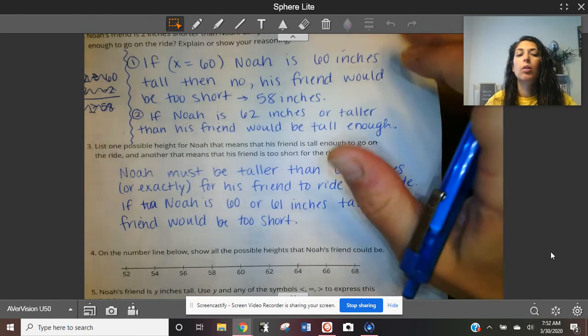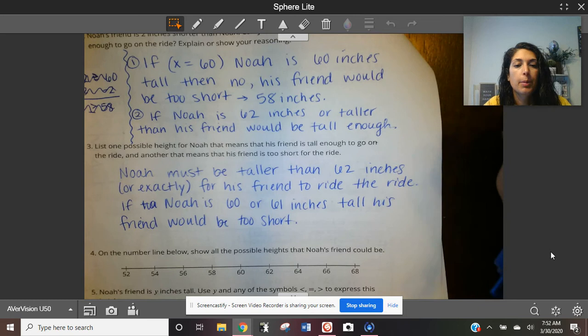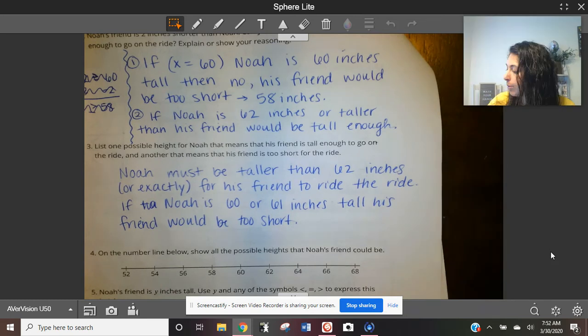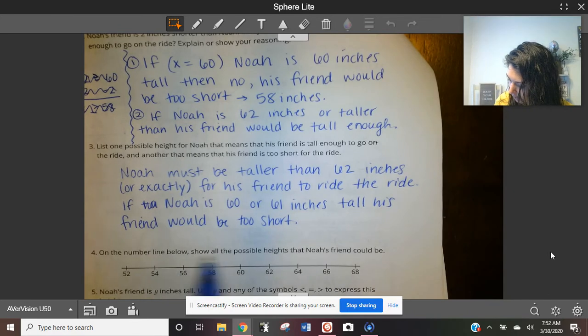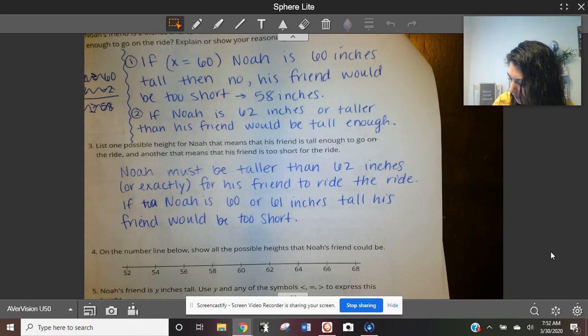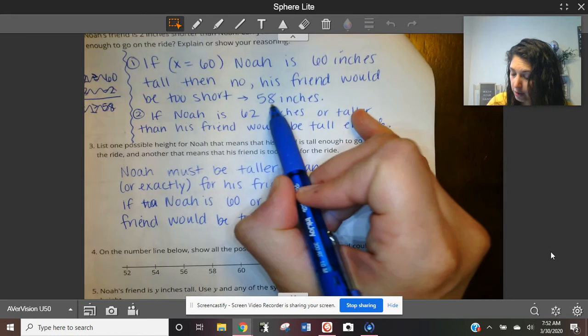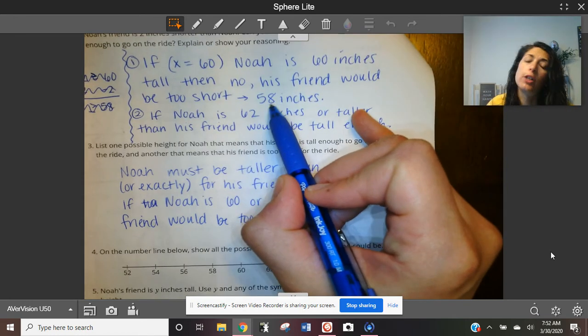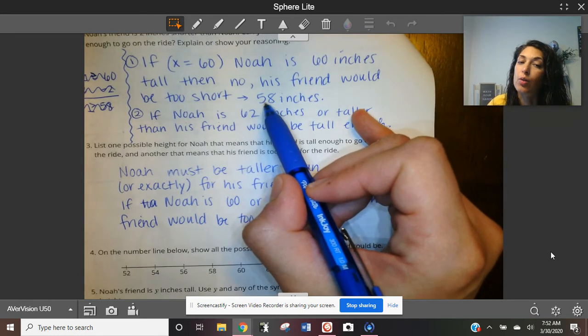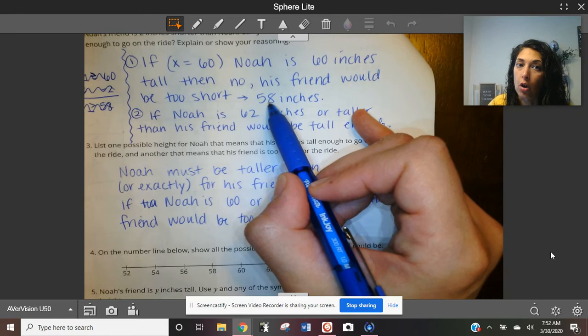Oh, horrible. Okay, so on the number line below, we want to show all the possible solutions. Now, here's where the original question that we did before, this is where this comes in handy, okay? So, show all the possible heights that Noah's friend could be. So, we talked about the shortest he could be is 58, right? Because we know that Noah can ride the ride, so he has to be 60 inches tall, right?